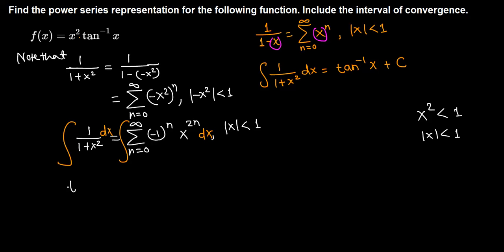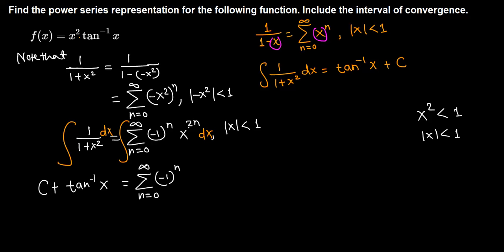Then we get c plus tangent inverse x equals, and when we integrate a power series, we can do it term by term, basically integrating the x factor. So this is the sum from n equals 0 through infinity of negative 1 raised to n.